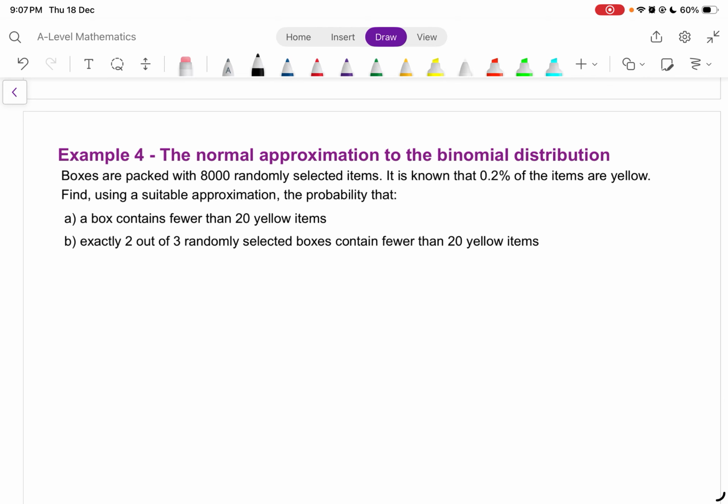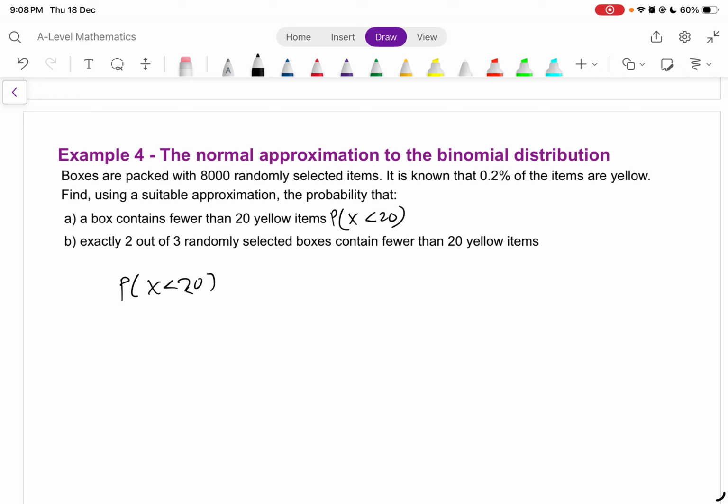The next one. Boxes are packed with 8,000 randomly selected items, which is known that 0.2% of the items are yellow. Find, using a suitable approximation, the probability that a box contains fewer than 20 yellow items. So what is the expectation? We want the probability that x is smaller than 20. So we write it as P(x < 20). Do we know our np?